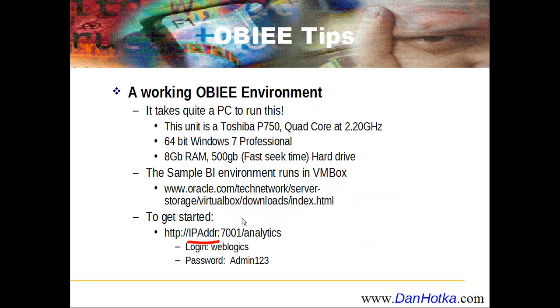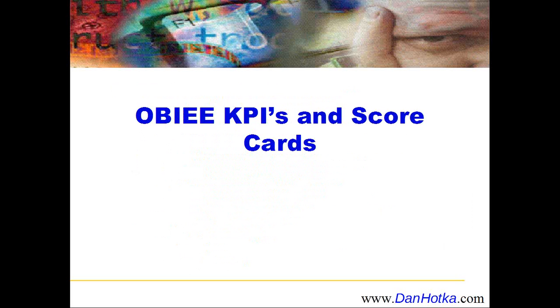You can always put localhost in there. 7001/analytics will bring it up. There's the base login or the admin login. I use P. Rodney, and the password is always admin123 with a capital A. That'll get you started with the thing.